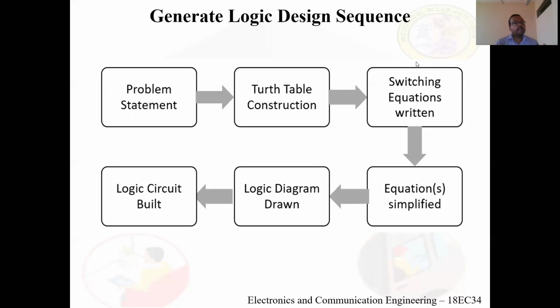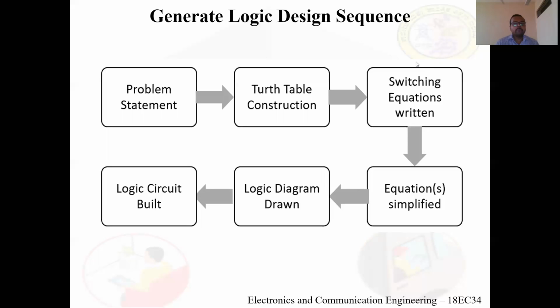Identify the input variables and output variables and see from the problem statement how the output variable is affected depending on the input. Once you have an understanding from the problem statement, you can come up with a truth table having the number of input variables and output variables for that.